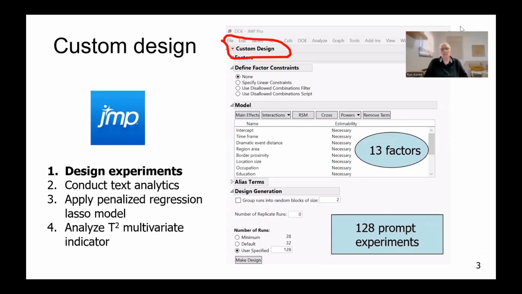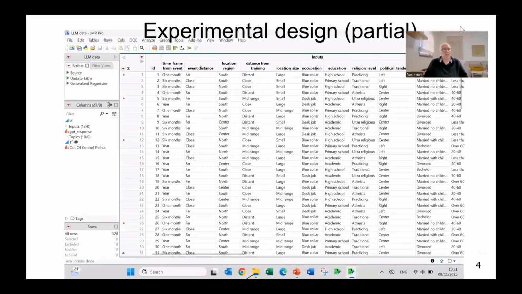These are actually simulated. You can think of that as a simulated survey with individuals that are profiled with these 13 factors. And we had 128 prompts.